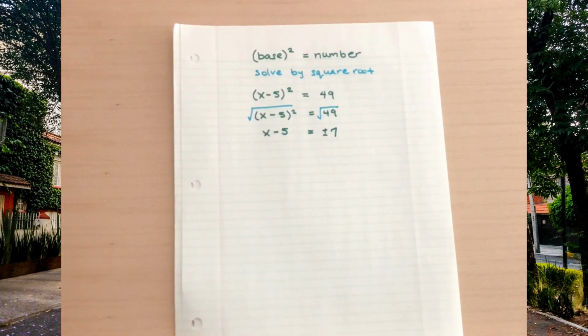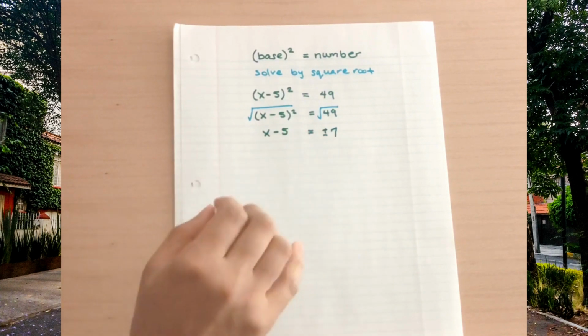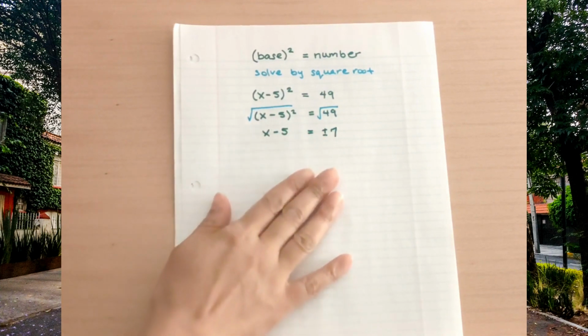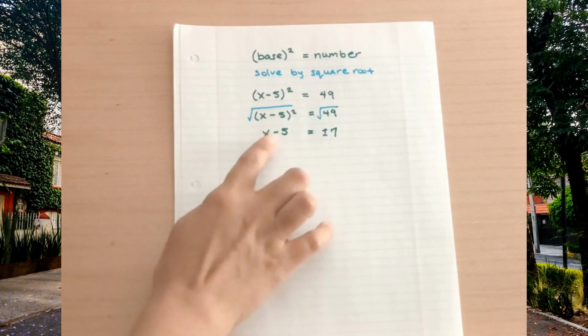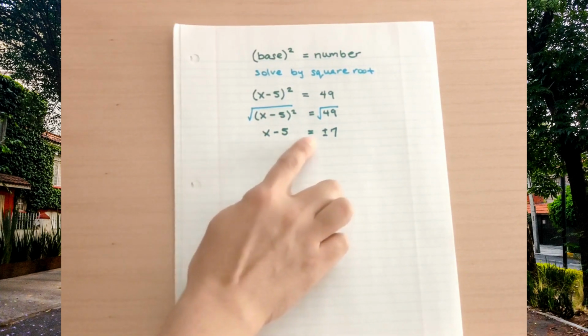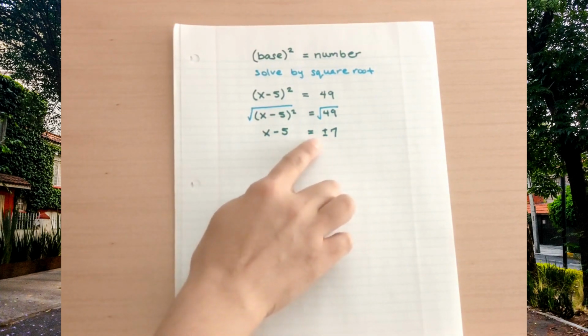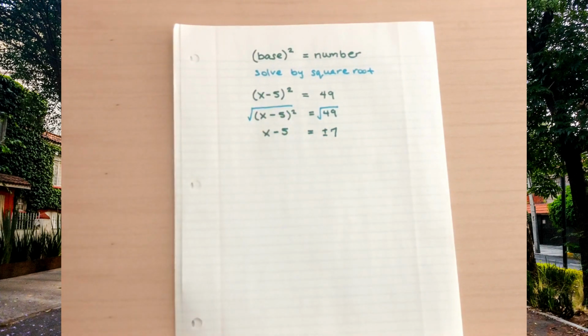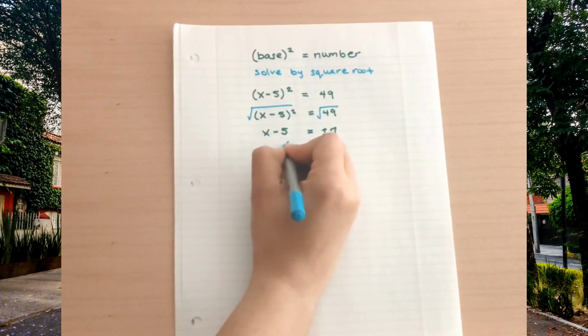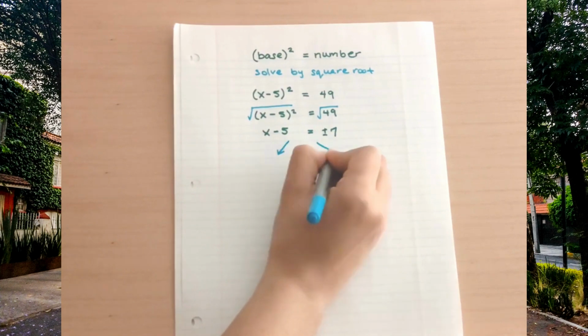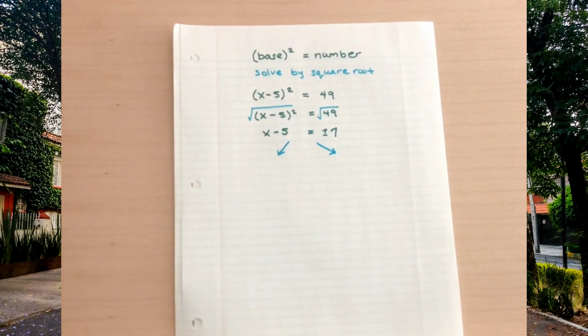Now we're not done solving this equation because x isn't by itself yet. So we're going to need to do something a little bit different to continue on solving this equation, because we have x minus 5 is equal to two different numbers, positive 7 and negative 7. So to deal with that, we'll split it up into two separate equations and solve those.